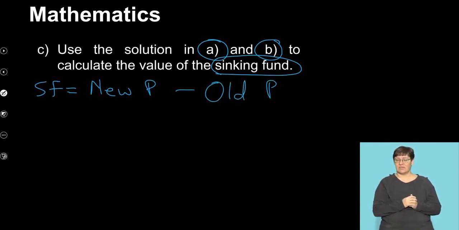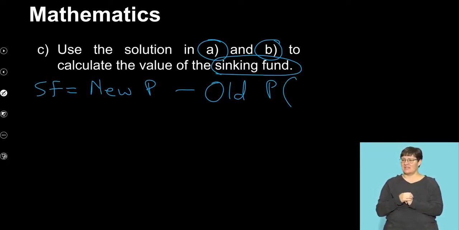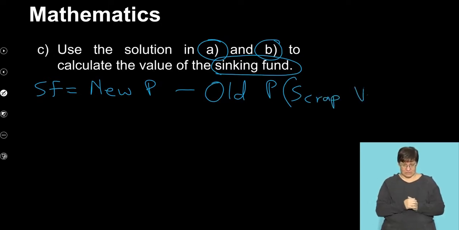But in financial maths, we don't really call it the old price. Let's just use the correct terms. We can say this is scrap value. Minus the scrap value or minus the book value.